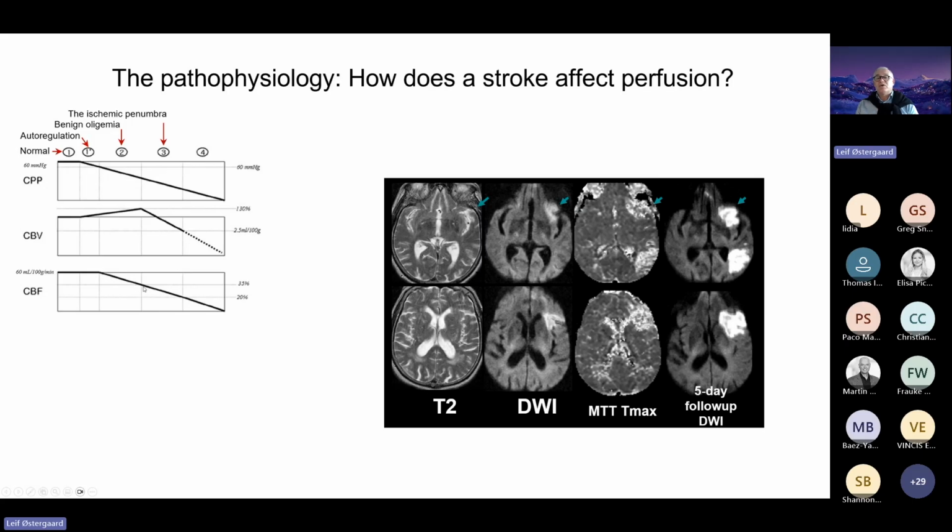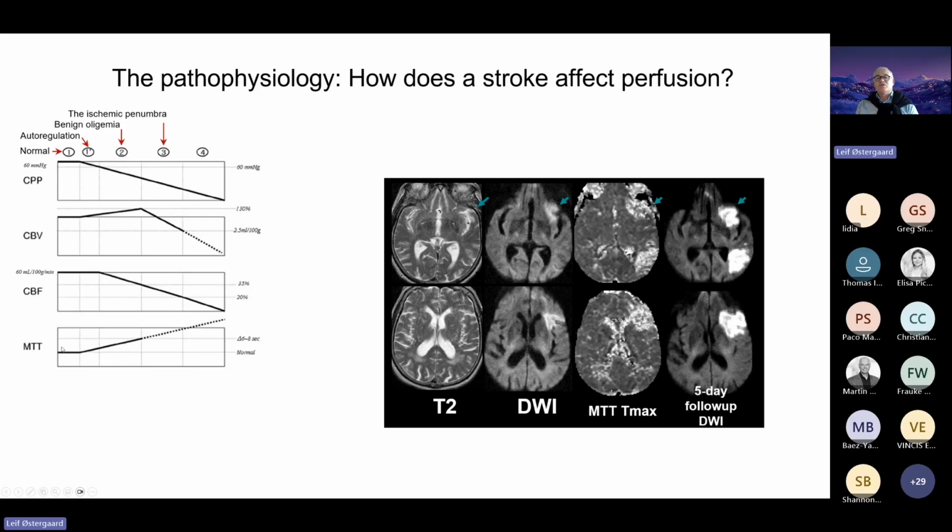There's some area where there's still enough oxygen to drive neuronal firing. We call that benign oligemia. But then at some point, roughly one third of normal blood flow, symptoms develop. So this is where people get symptoms. And below that point, CBV starts to drop simply because there's not enough blood flow to keep blood vessels open.